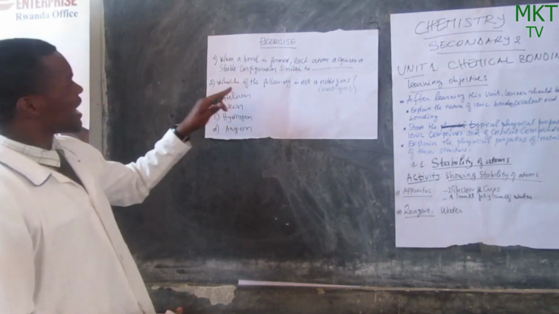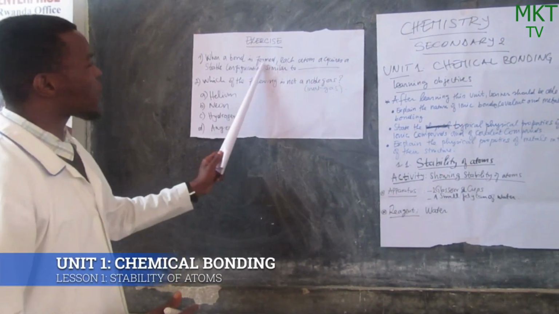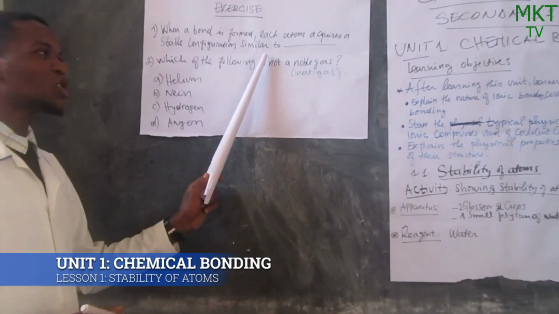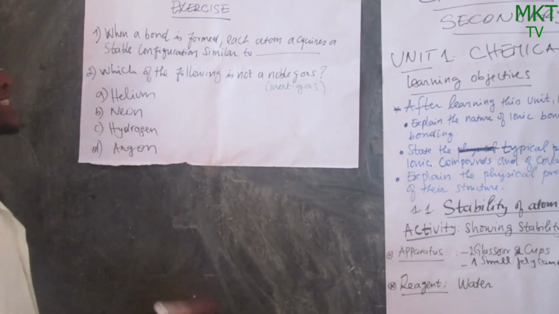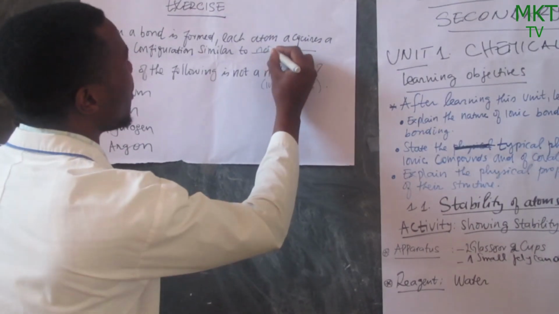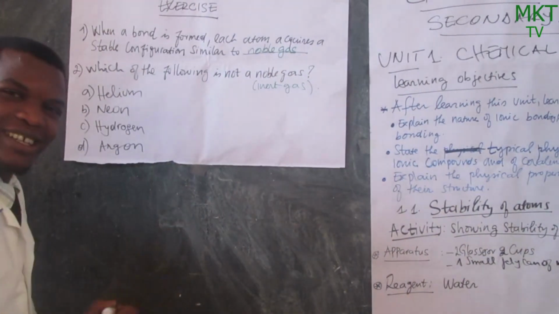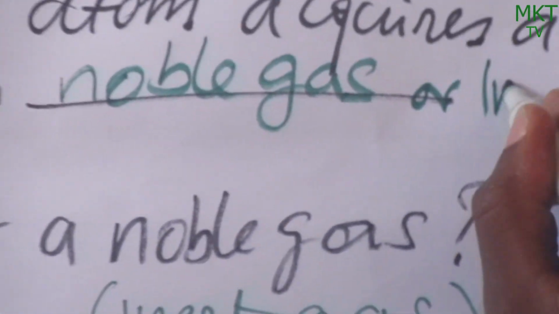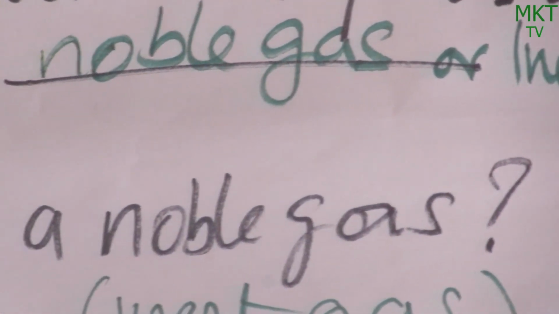When a bond is formed, each atom acquires a stable configuration similar to, very good, similar to noble gas, or what? Excellent, or inert gas.